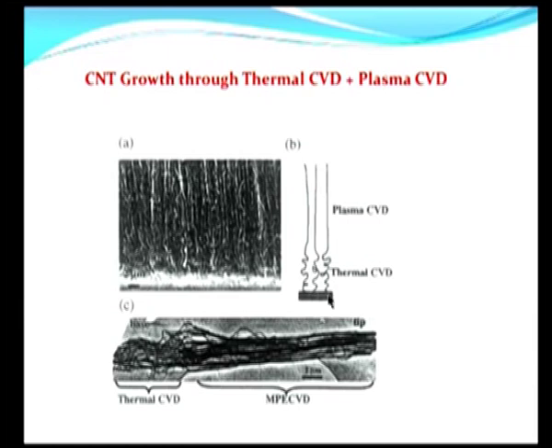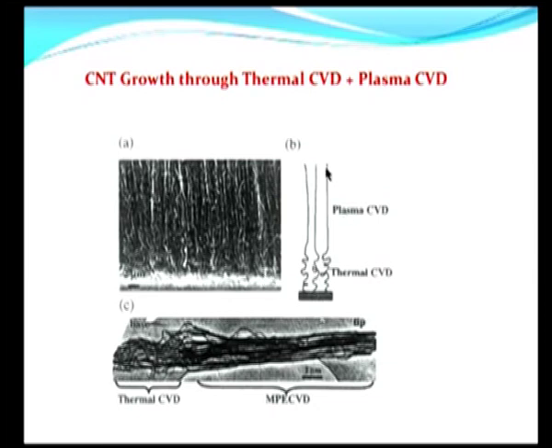Subsequently, as plasma is turned on, plasma CVD being a more rapid process would then pick it up and allow you to grow this kind of a forest of nearly parallel carbon nanotubes at a pretty fast clip. So, there are ways in which one can alter the process to obtain carbon nanotube structures.